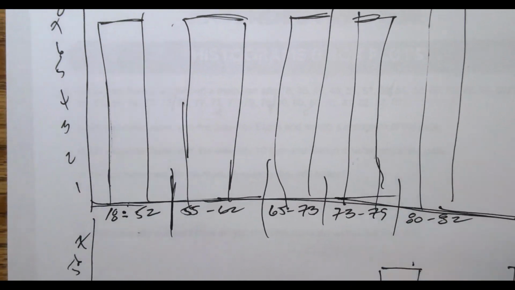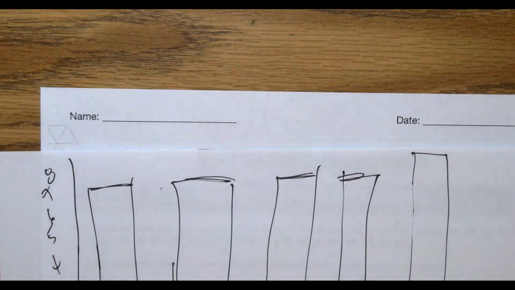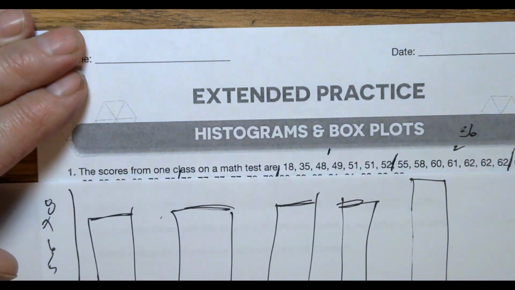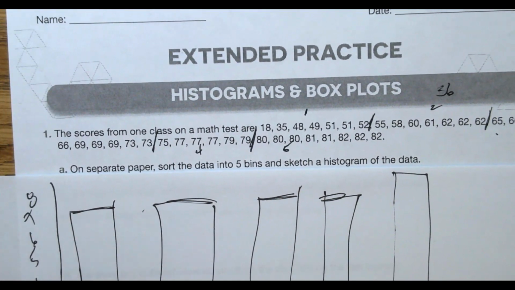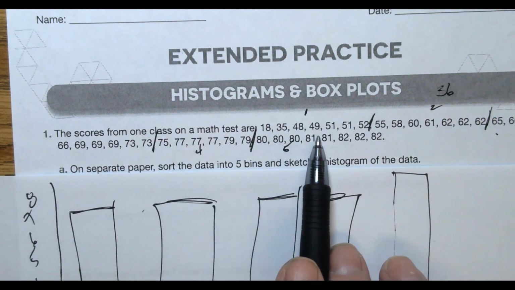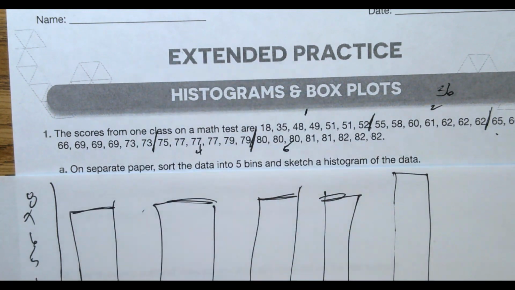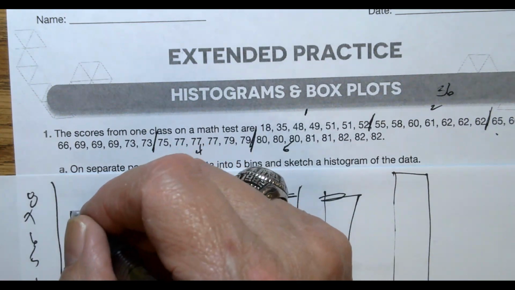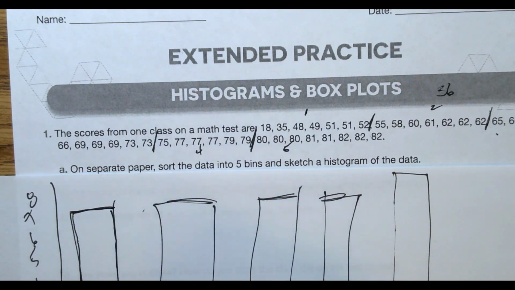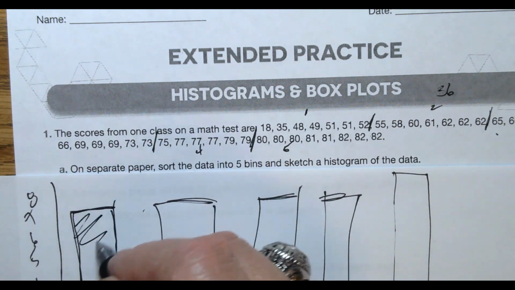Going back to my strand of data, I have 1, 2, 3, 4, 5, 6, 7. So I draw a line up to 7 and draw a bar graph, because I have 7 instances of that. This is my first bar.